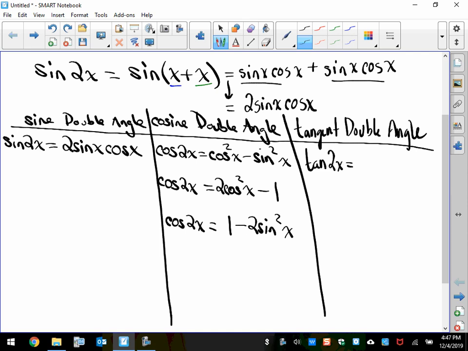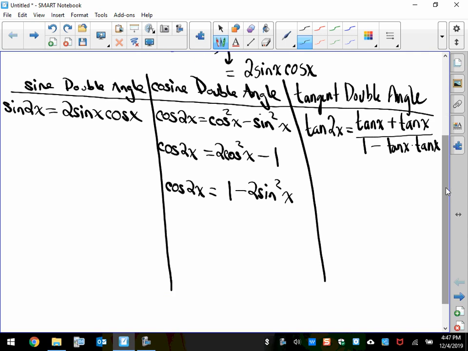If you do remember the sum identity, it's just tangent x plus tangent x over 1 minus tangent x times tangent x. So what that's going to give me is tangent 2x is equal to two tangent x's in the numerator, and then 1 minus tangent squared x in the denominator. So this is just the same formula right there.